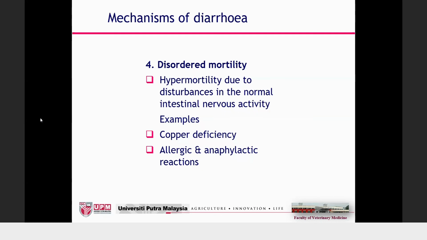If you have a disorder of motility, for example hypermotility, what you need to do if there is increased motility, a contraction, yeah. That's why when you go to the clinic they give you Lomotil, where they want to reduce the contraction. As a result of that treatment, the contraction is less, then the diarrhea is stopped.